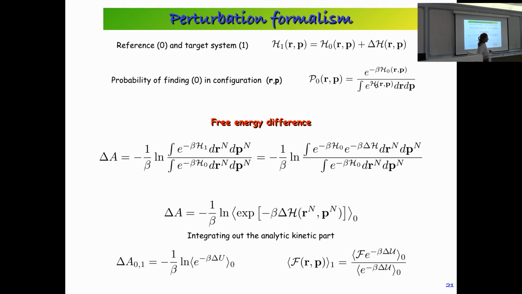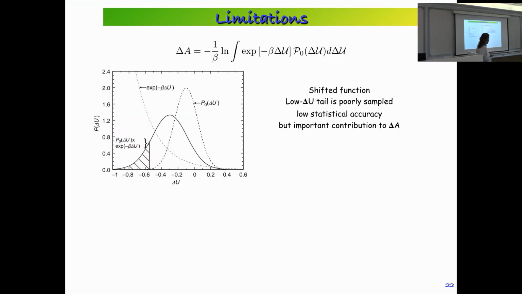Okay, this is very nice, one can use it. The thing is that it works very well if the two ensembles have domains that overlap strongly. So if you sample the ensemble 0, you also visit a lot of configurations that are important for ensemble 1. Otherwise, you will have too poor sampling of ensemble 1.